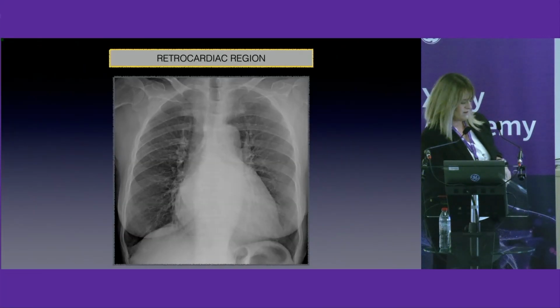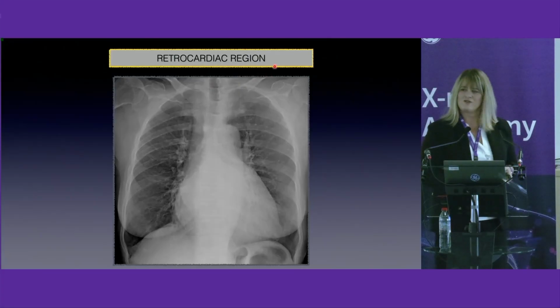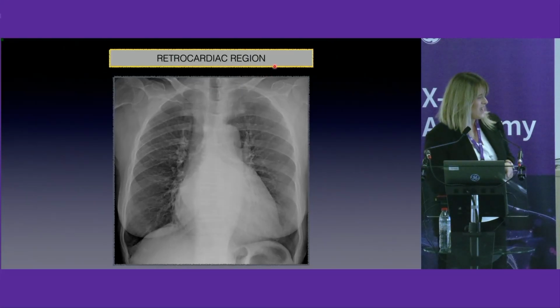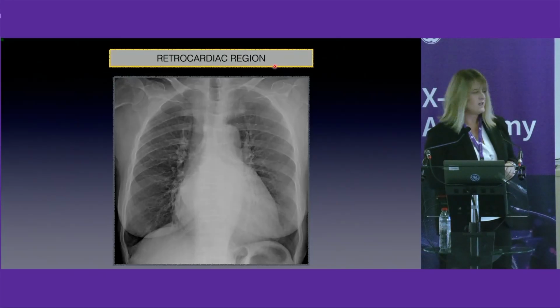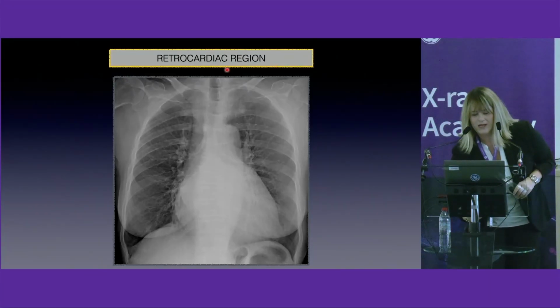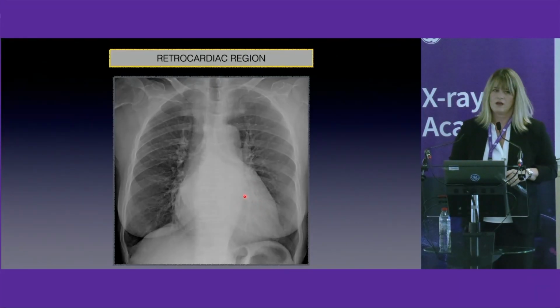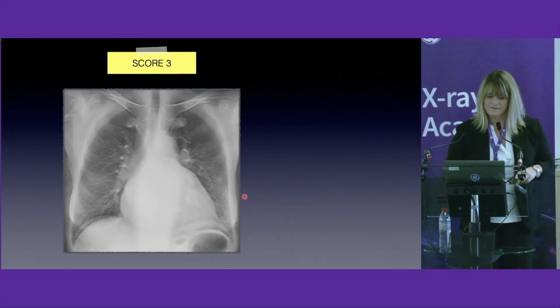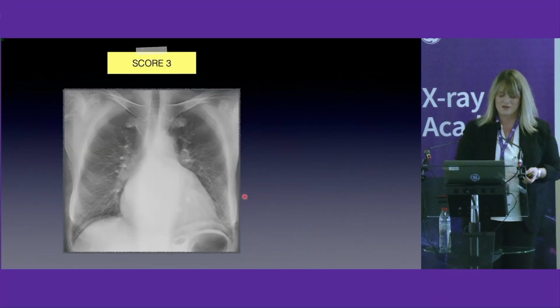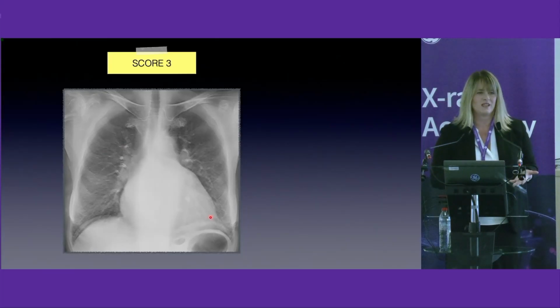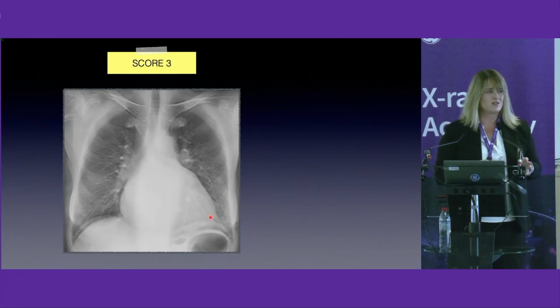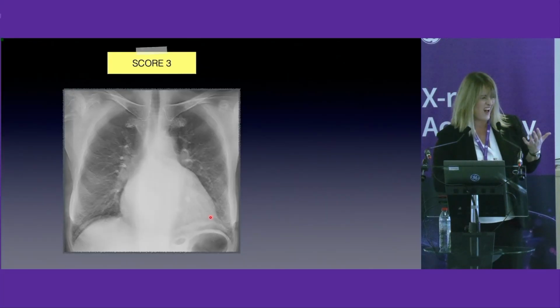Yes, you see retrocardiac region. So can you see anything? Well, my doubt was about this small nodule. So I wanted to perform a DTS, but as you can see, the patient wasn't able to maintain this apnea, so the quality of the images was not so high.